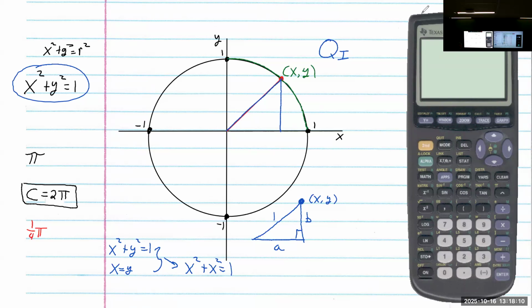Maybe I'm overreaching on what you wrote. You said only if r equals 1, rules only work for the unit circle. What rule? I don't want to answer something that's not there. C equals 2 pi if radius equals 1. That's true all the time. I mean, that's the circumference of a circle.